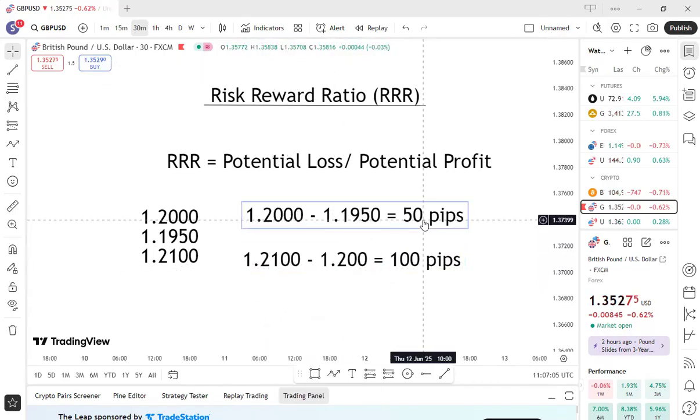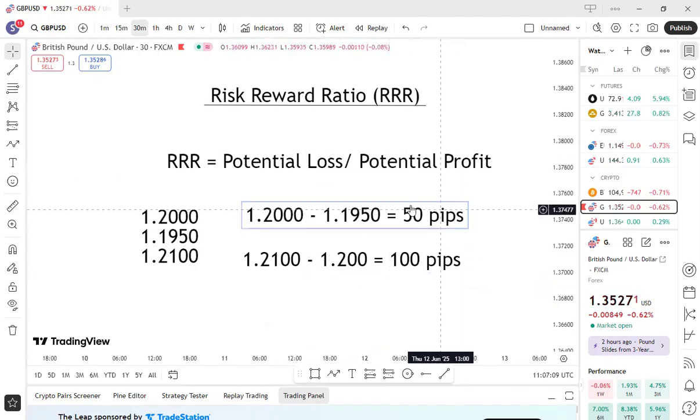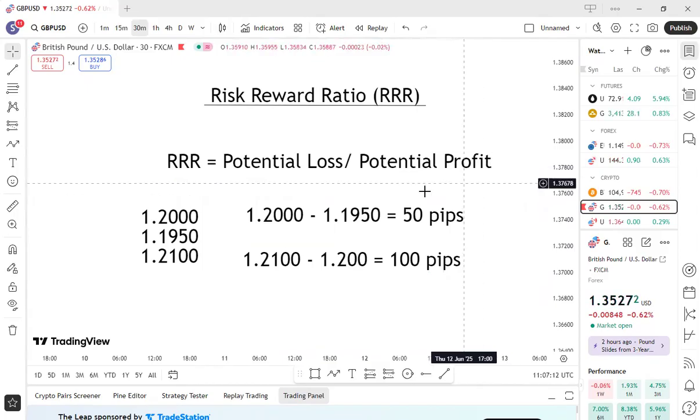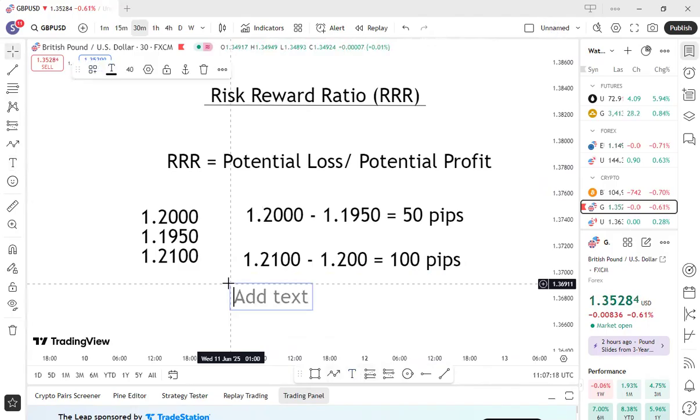So now we are having 50 as our loss and we're having 100 as our profit. So now we'll be calculating it with the formula. RRR is equals to our potential loss of 50, and then we're going to be dividing it by 100.